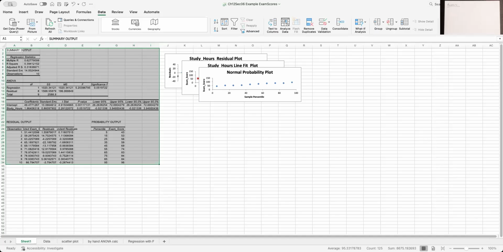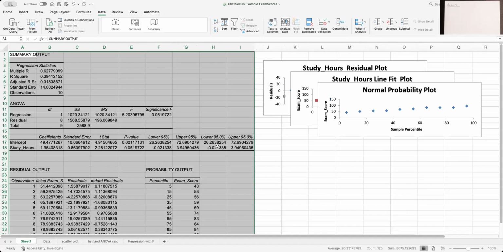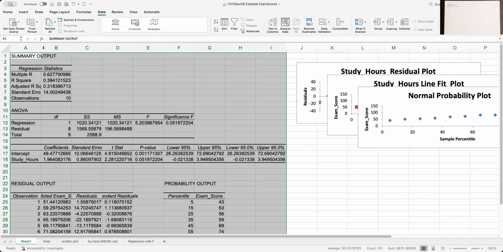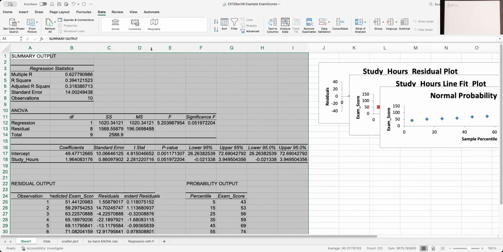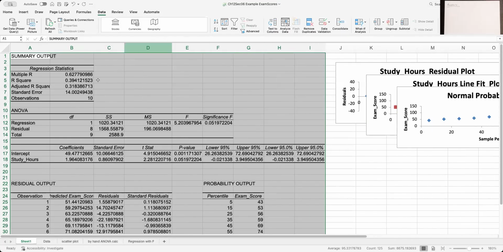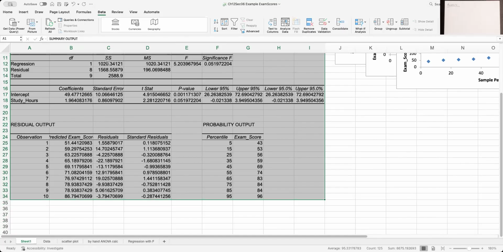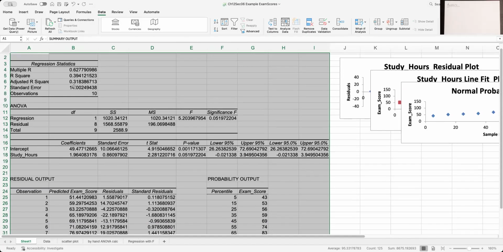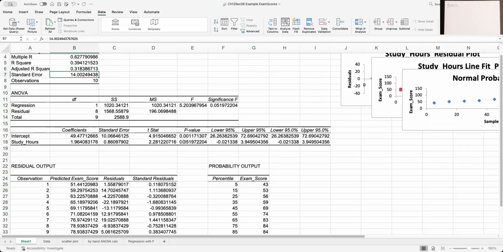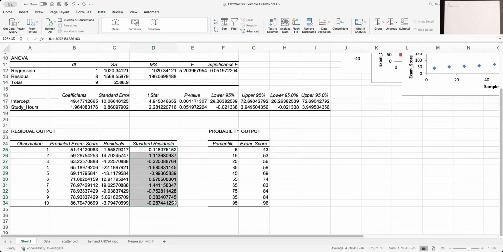So over here in the left, there's my standard error. And here down at the bottom, I have the predicted exam score. That would be what we get if we put our X values into our regression equation. I get the residual, which is the difference between the actual number and the predicted number. And then I divide that by this standard error here to get these standardized residuals.